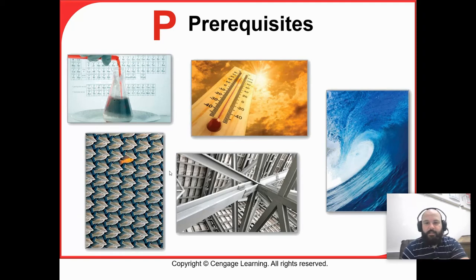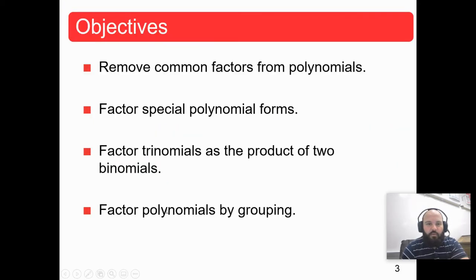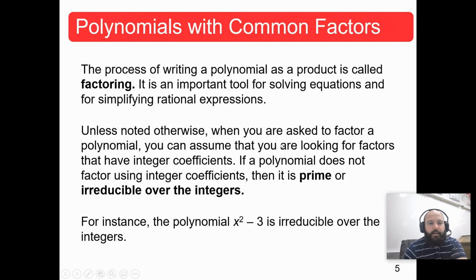So let's get started. We're going to be removing common factors from polynomials as well as factoring special polynomial forms today. It says the process of writing a polynomial as a product is called factoring. It is an important tool for solving equations and for simplifying rational expressions.